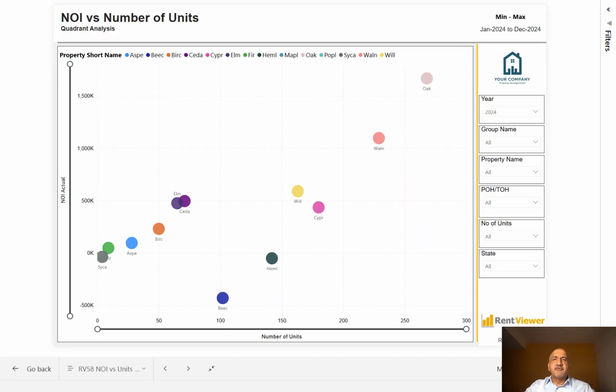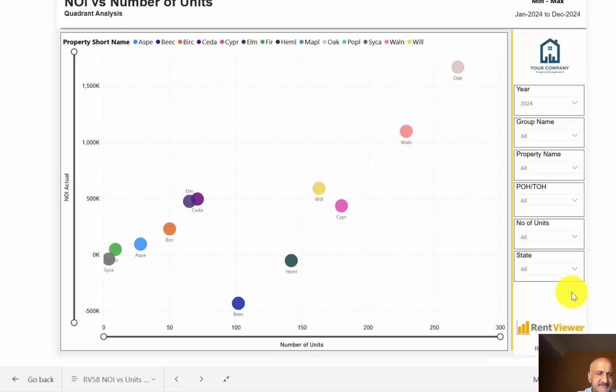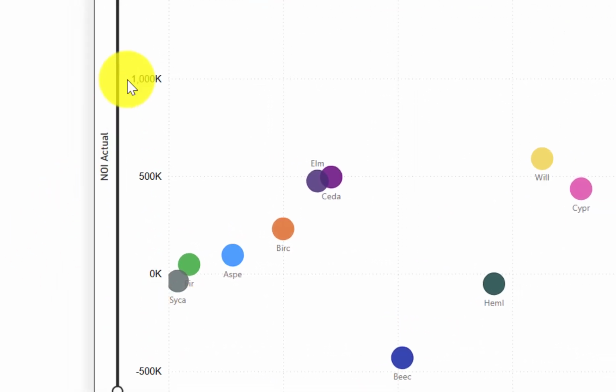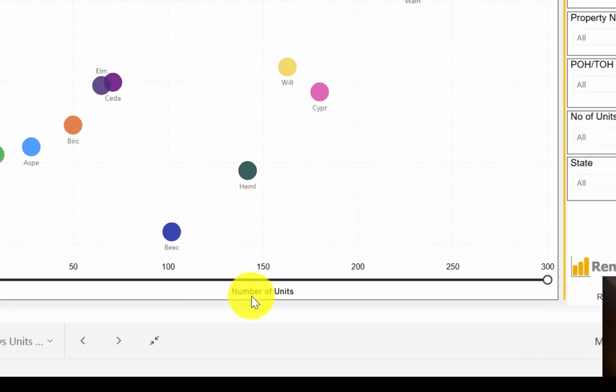So even if your overall portfolio is profitable, not all communities are contributing the same. Some communities are powering your portfolio and generating cash, and others are dragging the portfolio down. So let's start with a scatter plot showing the NOI and the size of the communities. On the vertical axis, I have the NOI, and on the bottom, horizontally, the number of units.